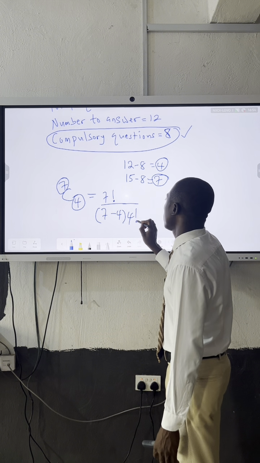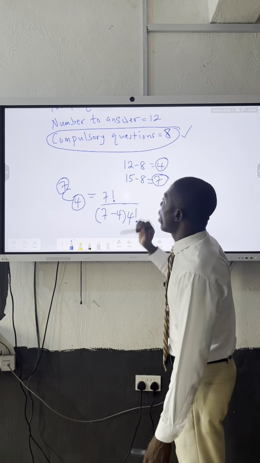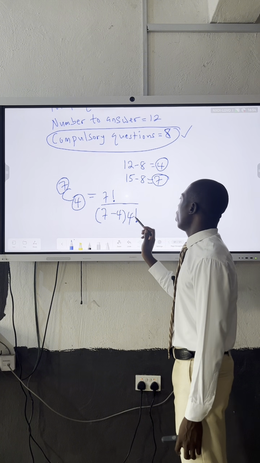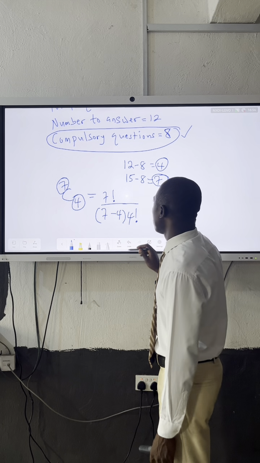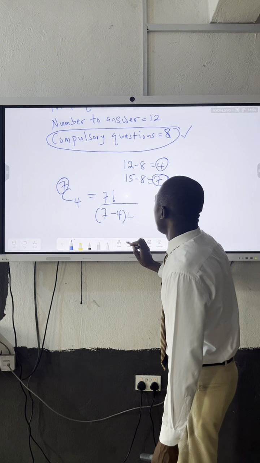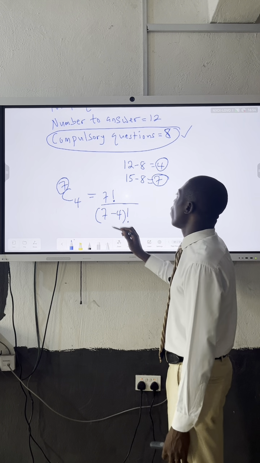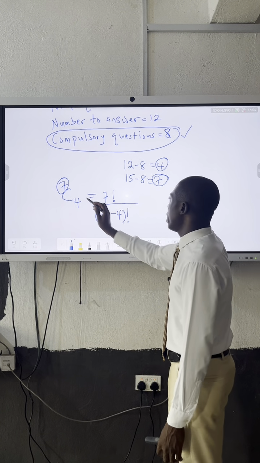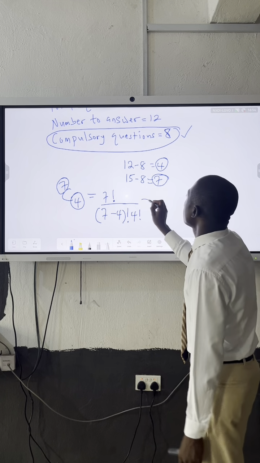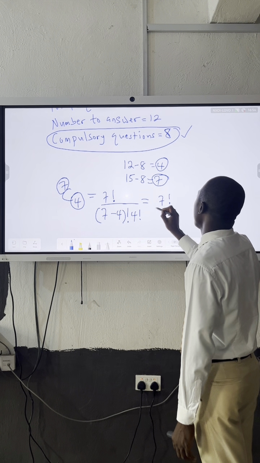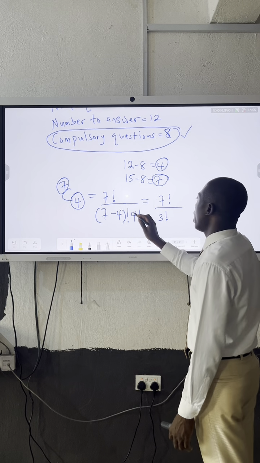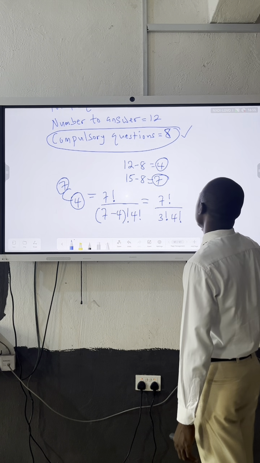Sorry, something is missing here. There is meant to be a factorial first. So 7 minus 4 factorial, then you repeat the 4 factorial. So this is equal to 7 factorial all over 7 minus 4, which is 3 factorial, and then 4 factorial.